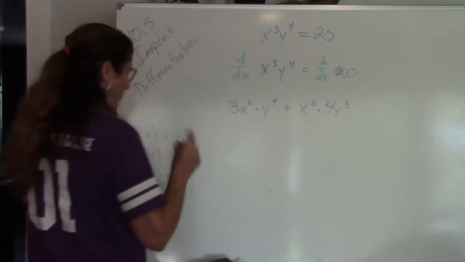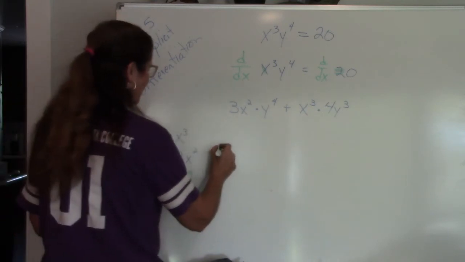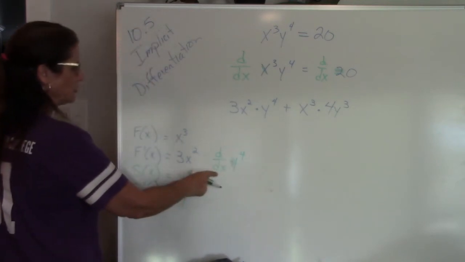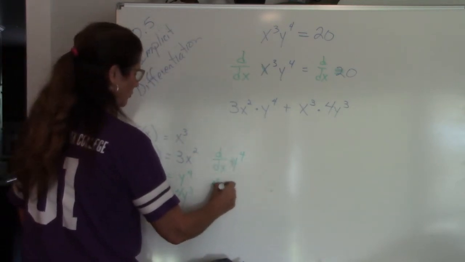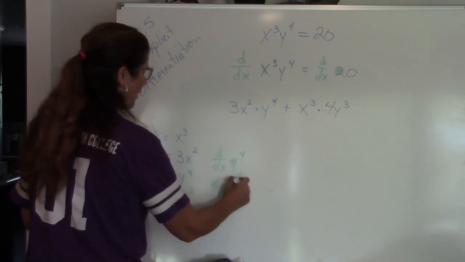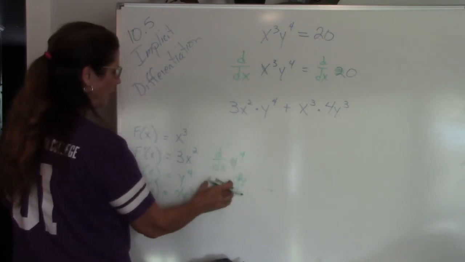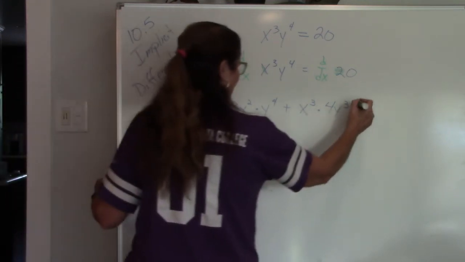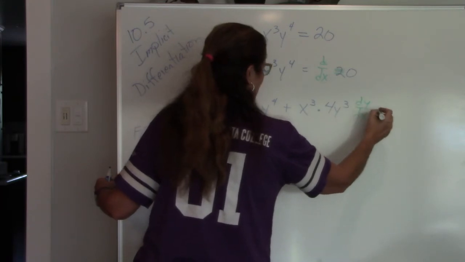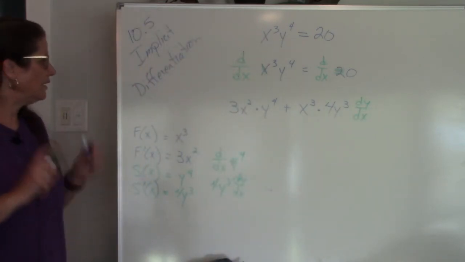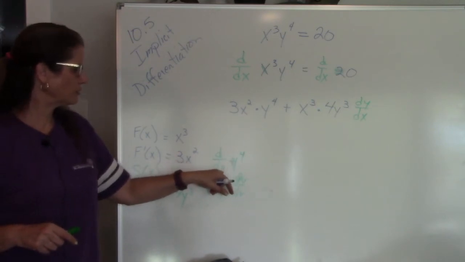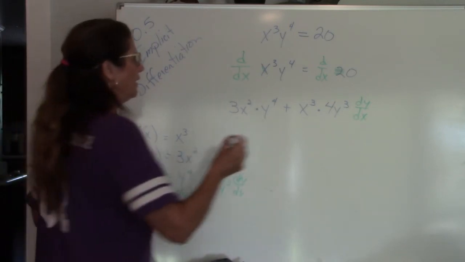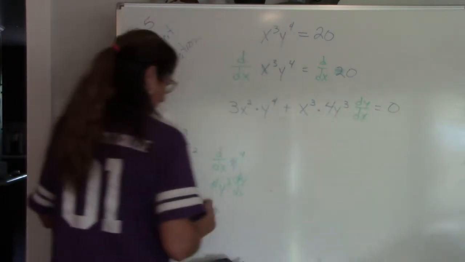But because we are finding the derivative of y to the fourth in terms of x, it is 4y cubed and then dy dx, because remember, we're peeling that 4 off. There's the derivative of the first, and then getting the derivative of the second, so we have to do dy dx. Anytime you're finding the derivative in terms of x and your variable is different, you will end up with that dy dx. Okay?